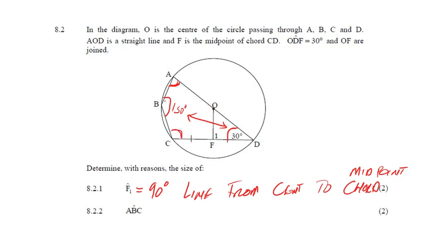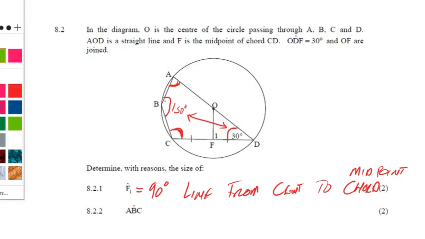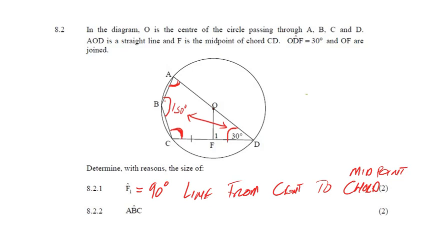It will be difficult for you to know these angles A and C, and you know why. You know that angle D plus angle C plus angle B plus angle A add up to 360.